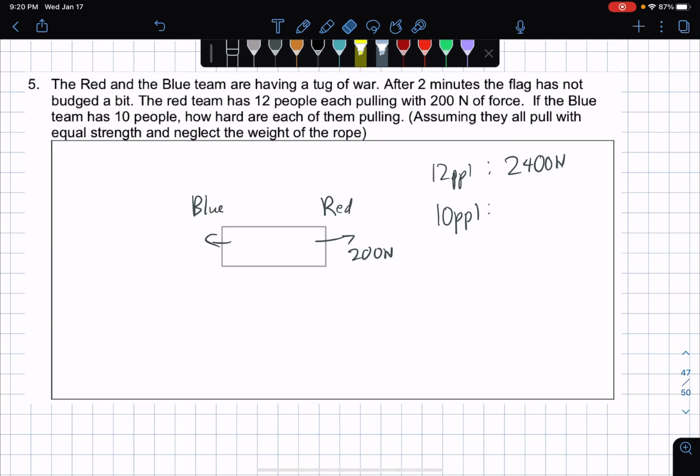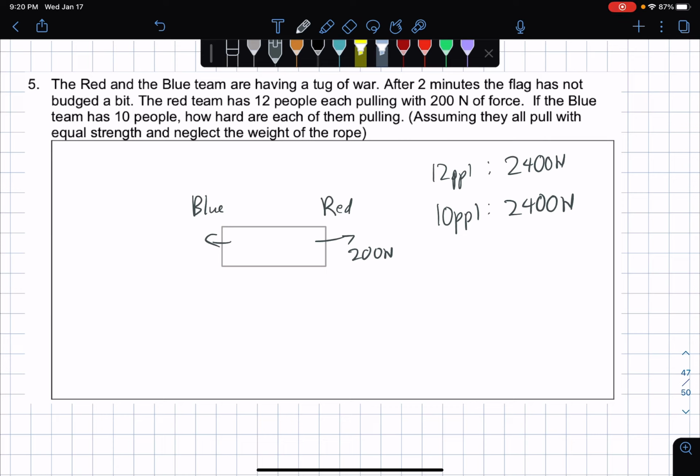Wait, no. It says that the flag has not budged a bit, so you can say that the blue team is stronger. Although they only have 10 people, their share of pull is considerably stronger compared to each individual from the red team.